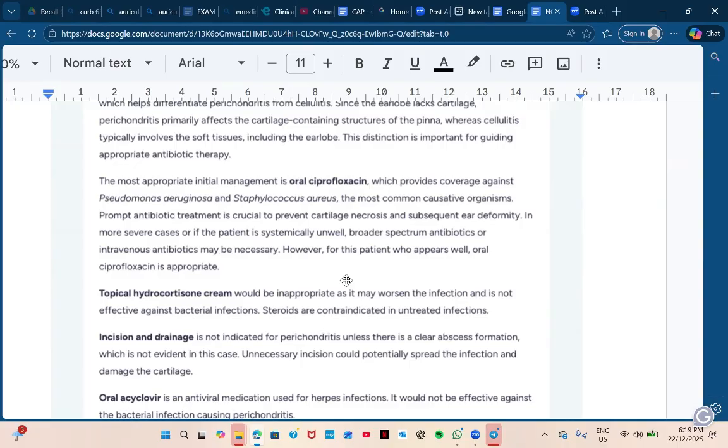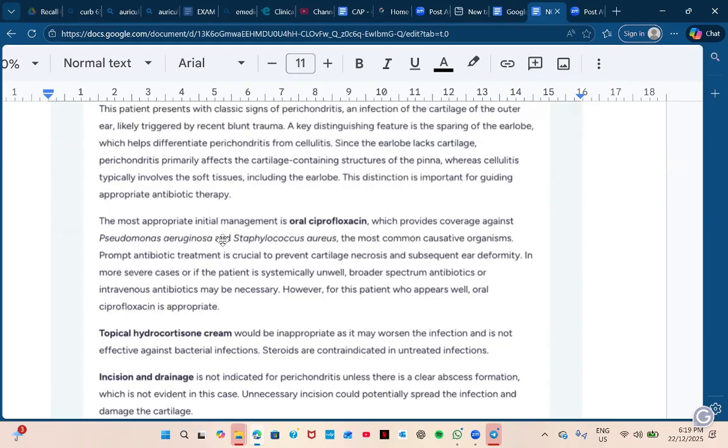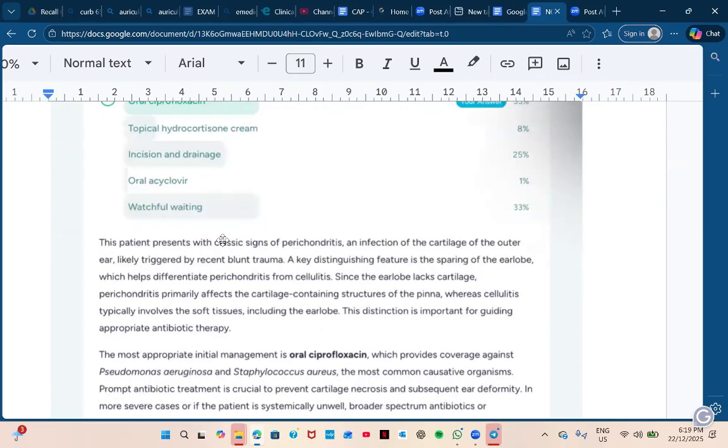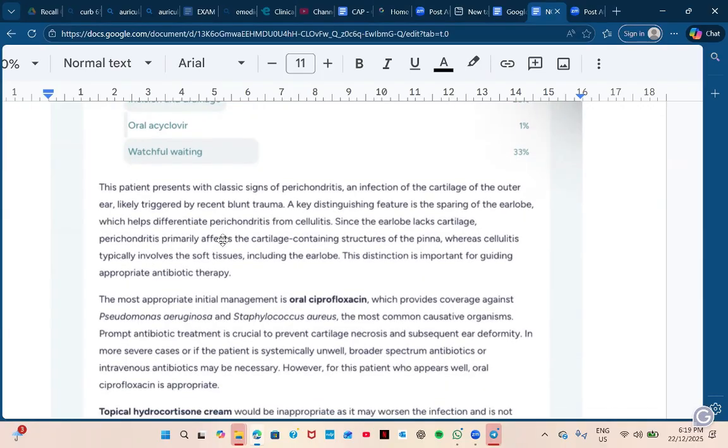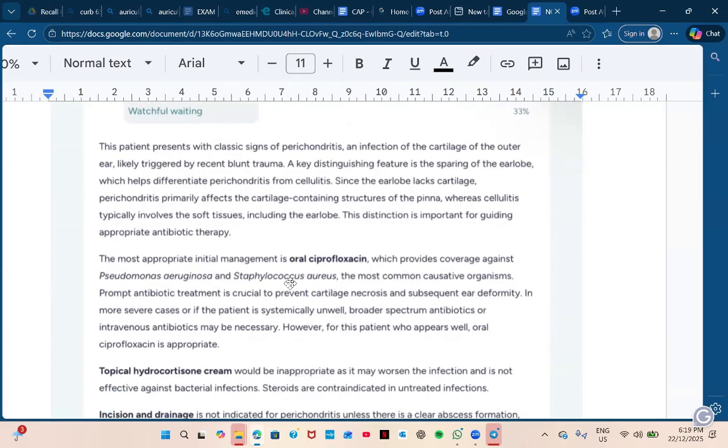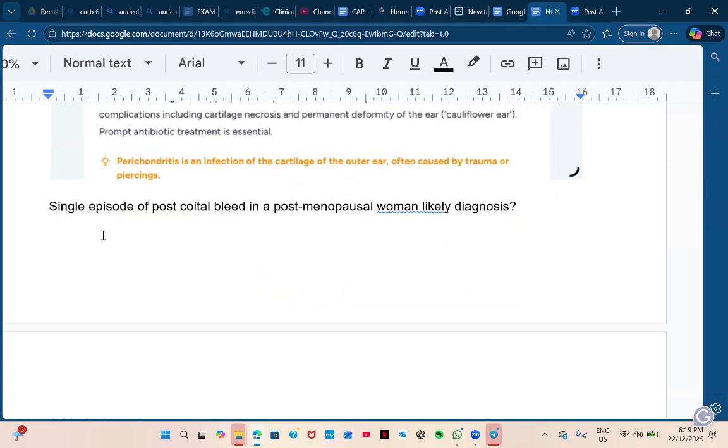However, for this patient who appears well, oral ciprofloxacin is appropriate. So, you learned so many points: perichondritis symptoms, how to differentiate it from other diseases like cellulitis, the most common causative organisms, the two types, and the treatment of choice, right? Yeah, please remember that.